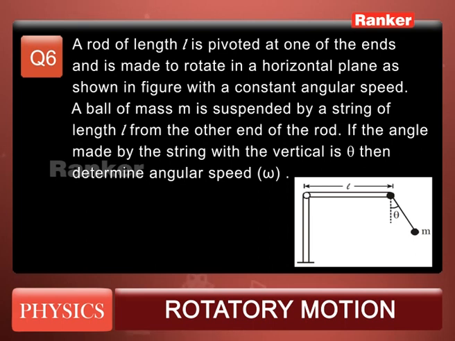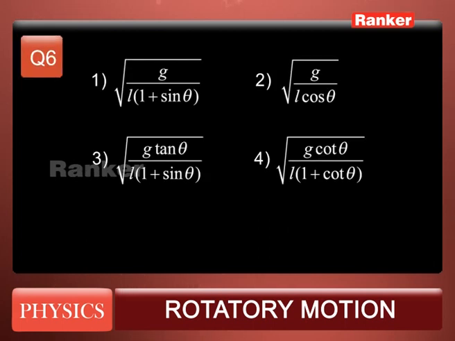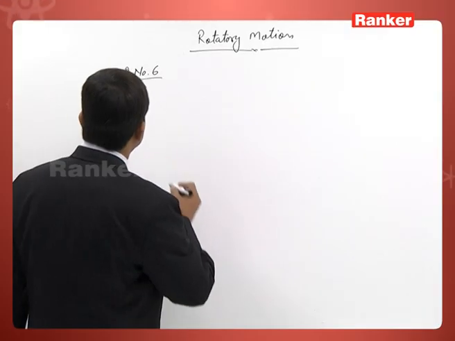If the angle made by the string with the vertical is theta, determine the angular velocity omega. First option is root over g by L(1 plus sin theta). Second option is under root of g by L cos theta. Third option is under root of g tan theta by L(1 plus sin theta). And the fourth option is root over g cot theta by L(1 plus cot theta). Now see how to do this problem.